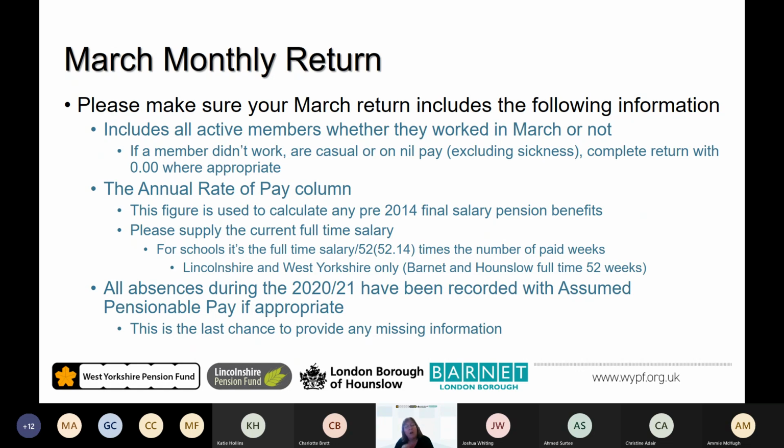We need a prorated pay figure. So it's their rate of pay divided by 52 or 52.14 multiplied by the number of paid weeks. For Barnet and Hounslow people, it is just the full 52 weeks pay, because your records are slightly different.